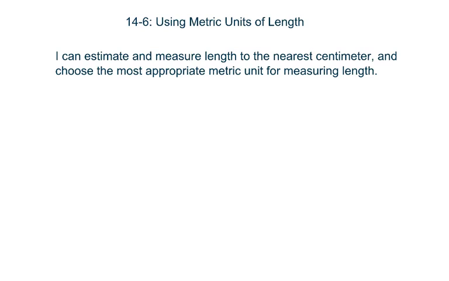Remember, length is the distance between 2 points. Sometimes these lengths are very small, like you learned before with inches, or sometimes they are much, much larger, like using miles. However, inches and miles are not found in the metric system. Instead, everything connects to the word meter.